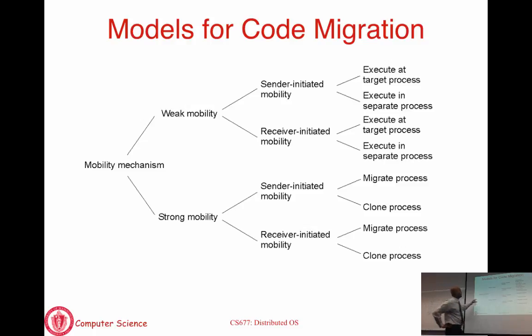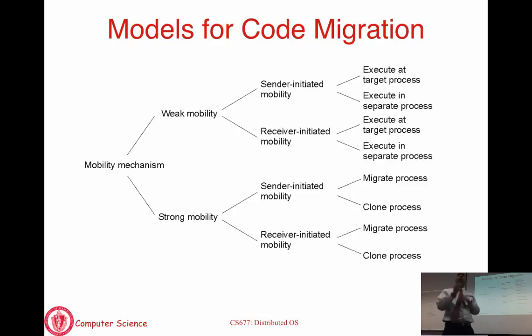Okay, so essentially migration could be strong or weak. Strong migration, or strong mobility, is just process migration. Weak mobility is code migration. Within each, you can have either the sender initiate it or the receiver initiate it. And then for each of those, you have this question: where should I execute the process? Is it going to be a separate process? Is it going to be in a target process? Or are you going to clone it or migrate it? So all of those combinations.